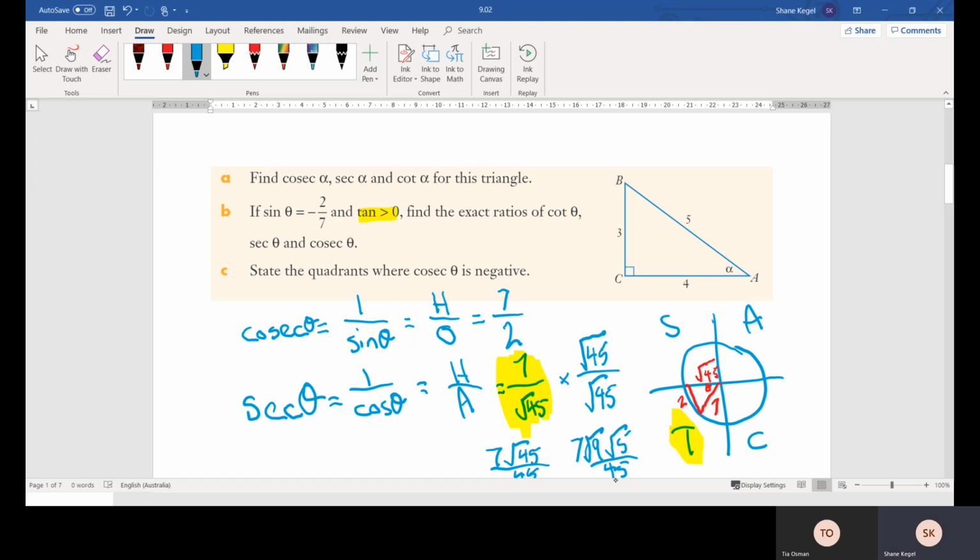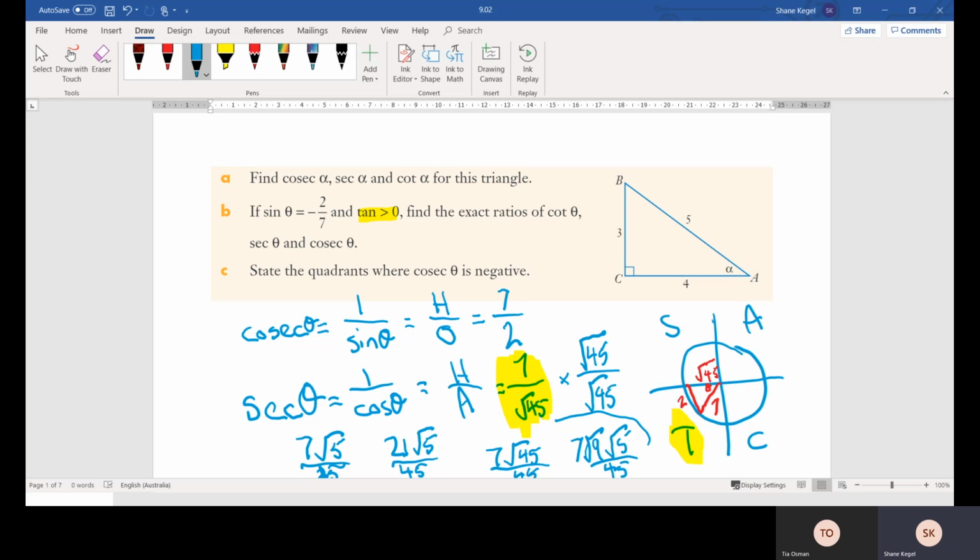Let's continue it over here: 21 root 5 over 45. To simplify that even further, I'm going to divide each by 3. So I should get 7 root 5 over 15. Okay, that looks a bit messy there.